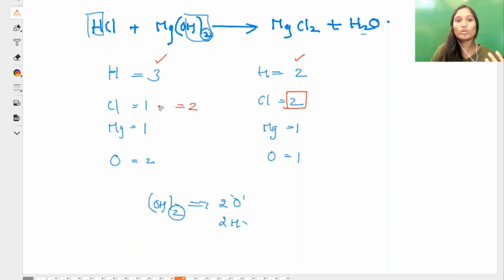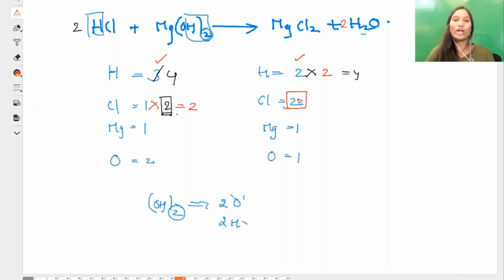Now, I want 2 chlorines. I can use only multiplication. So obviously the number here should be 2, right? So now use the same number as coefficient in the equation. Look at the count of hydrogen. Now you have 2 hydrogens plus 2. So it is 4 hydrogens. Both the hydrogen count is even now. It's easier for us. I want totally 4 hydrogens and I can only and only multiply. So it has to be into 2. 2 into 2 is equal to 4.